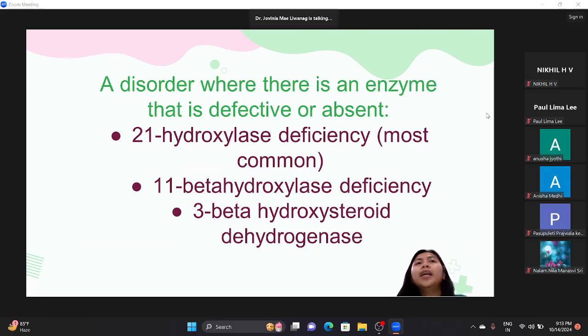It's a disorder where an enzyme is defective or absent. There are three enzymes, but the most commonly deficient is 21 hydroxylase. Although there's also 11 beta hydroxylase and 3 beta hydroxysteroid dehydrogenase, the most common one is 21 hydroxylase deficiency.